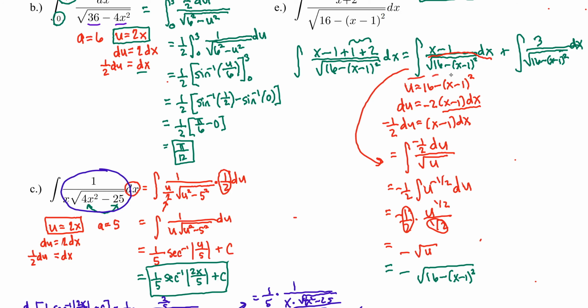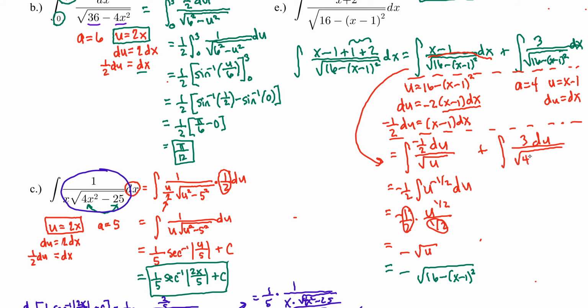So let's go back up and complete the problem. We made a u substitution on the first one. Notice here we're going to say that a is the square root of 16 or 4. U is the base of that square, x minus 1. Du then is dx. So in terms of u, this second integral is going to look like 3 times dx, which is du, over the square root of a squared minus u squared.